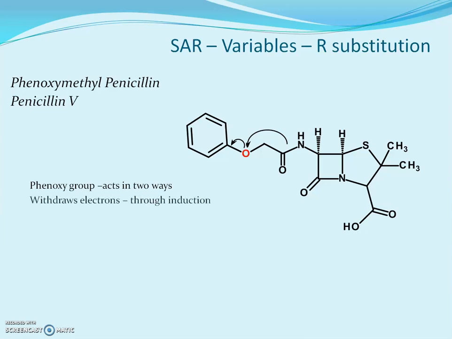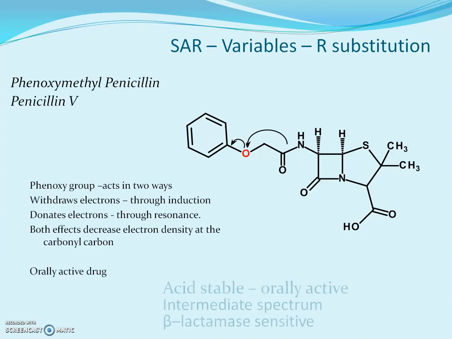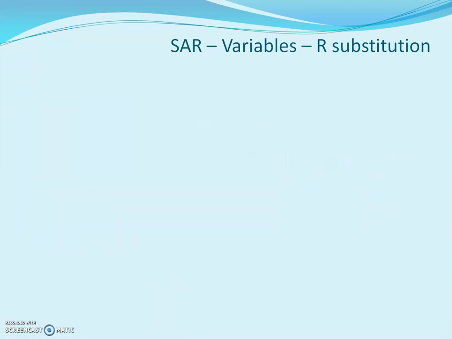One is, this phenoxy group will withdraw electrons through induction from the methylene group, as well as donate electrons through resonance to the phenyl group here, thereby decreasing the electron density. In both cases it will decrease the density of electrons here, and therefore we will have a drug which is orally active. So you see that both benzyl penicillin, the last drug, and this drug have the same spectrum of activity, but one is orally active, the other is not. But these two drugs are still beta-lactamase sensitive.